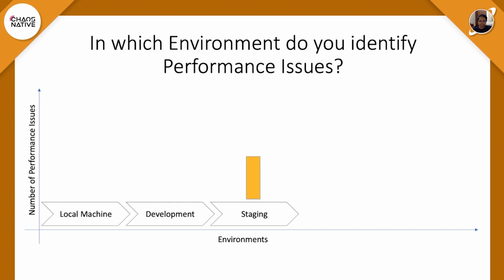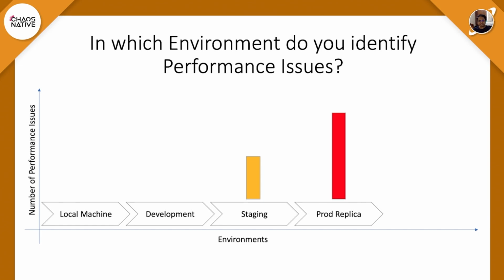Most of the performance issues, at least what we start identifying, is in the staging environment because that's where we can at least generate some load against the particular environment. And lastly, for the teams that I have worked with, a big part of the performance issues are identified in the production replica because that's where you have the infrastructure that's close to production and whatever we are able to reproduce or generate as a load is something that is representative of the real environment.